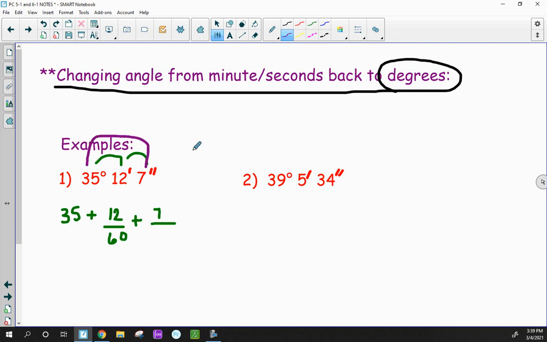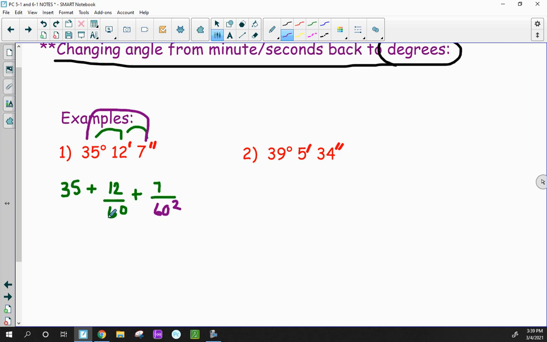And so you have to think about it in those terms. I'm going to say that again. We are not looking for how many seconds are in a minute. We're looking for how many seconds are in a degree. And so because of that, we can't just divide by 60. We have to divide by 60 squared. Okay, so be really careful because that tends to throw people off sometimes. It's a common mistake.